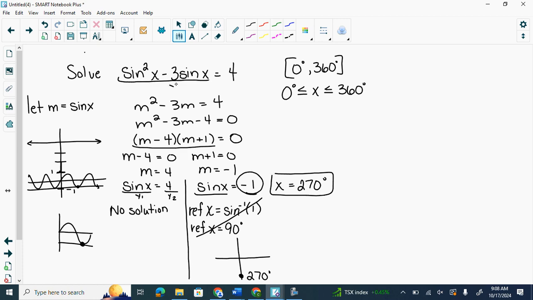y1, y2. How do I type in sine squared x? Because I can't type it in like that. Sine x in brackets, all squared, minus 3 sine x.